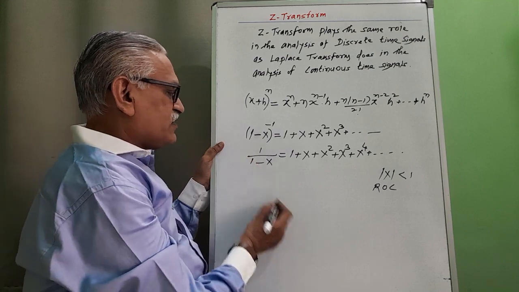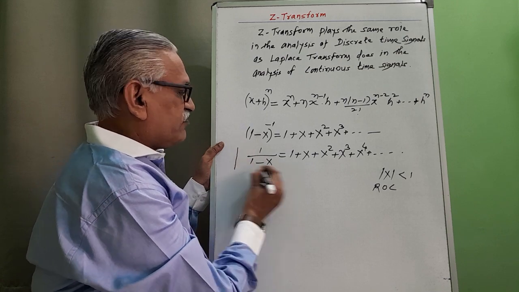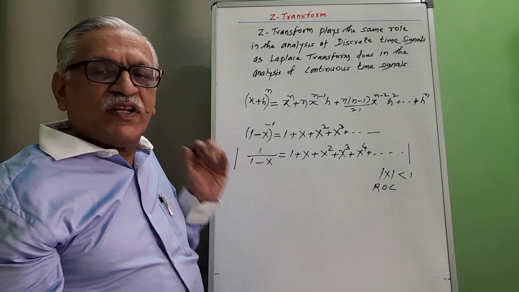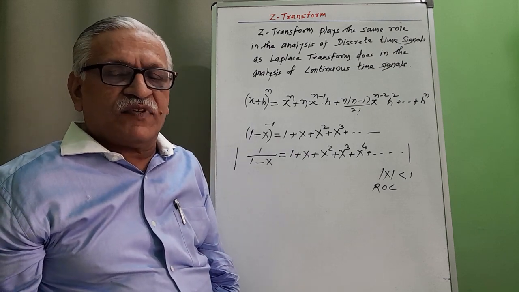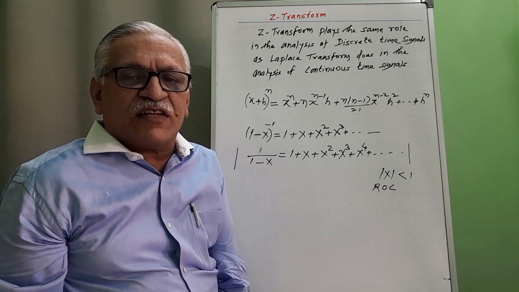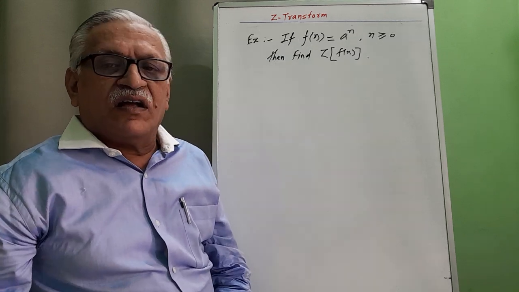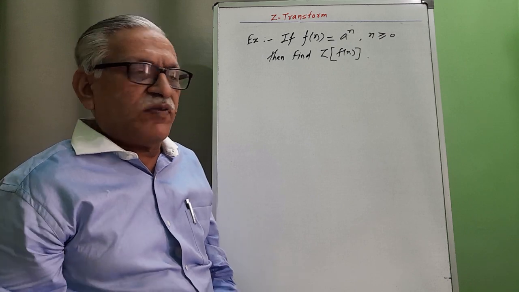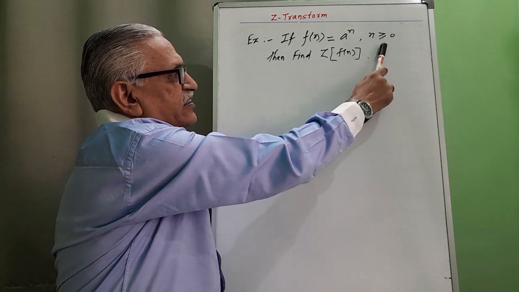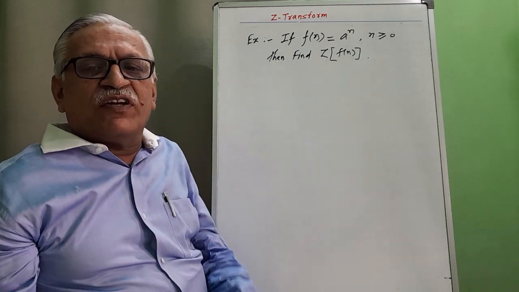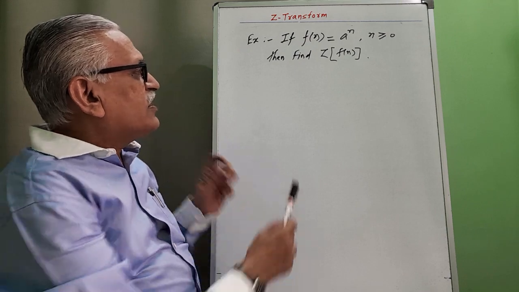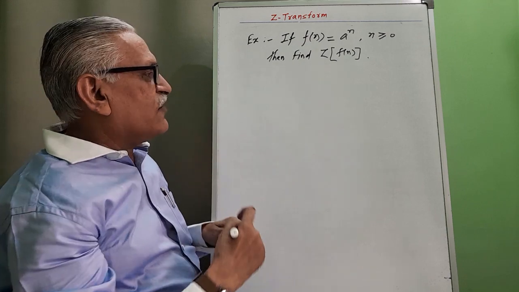Therefore, throughout this chapter I am using this result of the binomial theorem. Then one simple problem: how we can obtain the Z transform of a given function. Let us try to solve one simple problem. If f of n is equal to a raised to n, for n greater than or equal to 0, meaning for negative values the function does not exist, its value is 0, then find the Z transform of f of n.